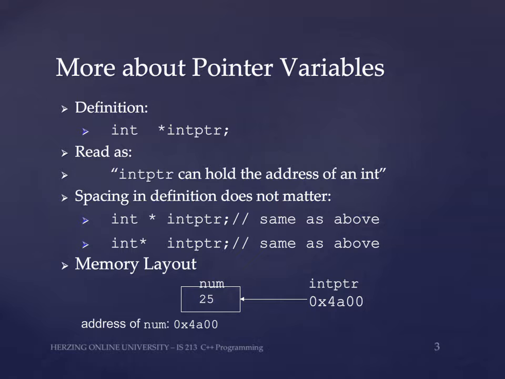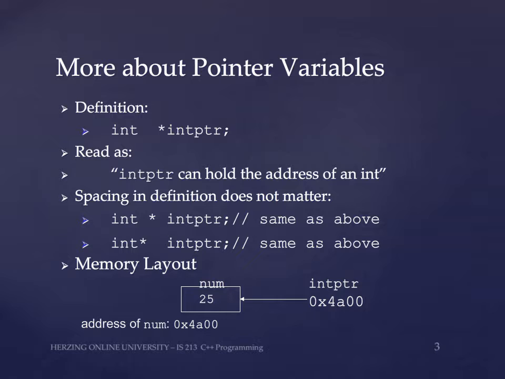Assigning an address to a pointer variable: basically you just define your pointer variable and then you assign it the address. So you would say, for example, int star int ptr, and then you can say int ptr equals ampersand num.